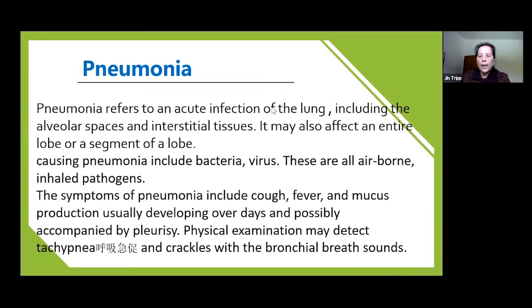Now we're moving to the next unit, pneumonia. That's the infection of the lung. The disorder happens in the lung.